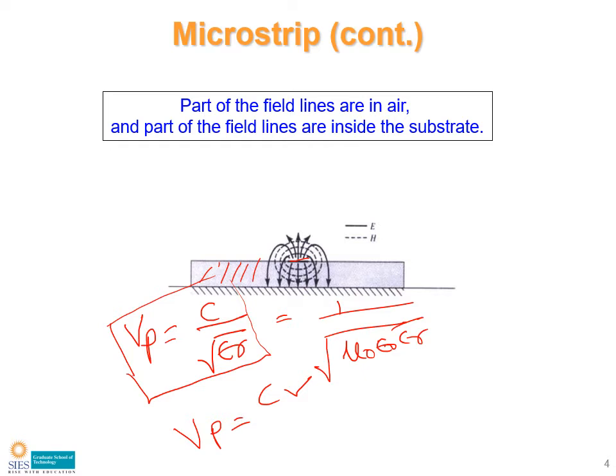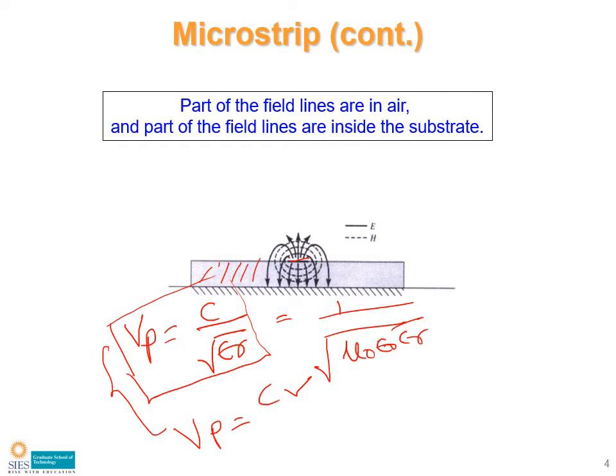Now see, when that signal travels for some distance, what will happen? A phase difference will occur within the signal, because one is traveling with C upon under root of epsilon r, and another one is traveling with C. So there will be a phase difference in both of the signals as their velocities are different.